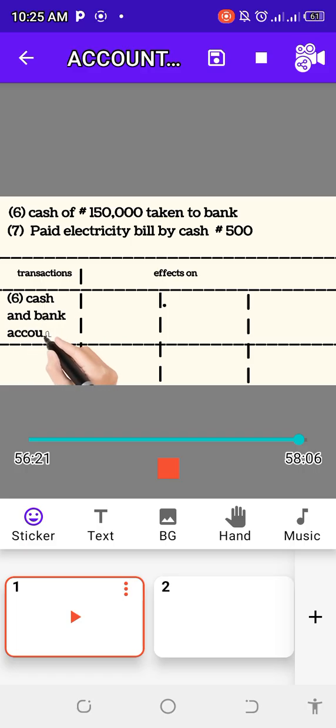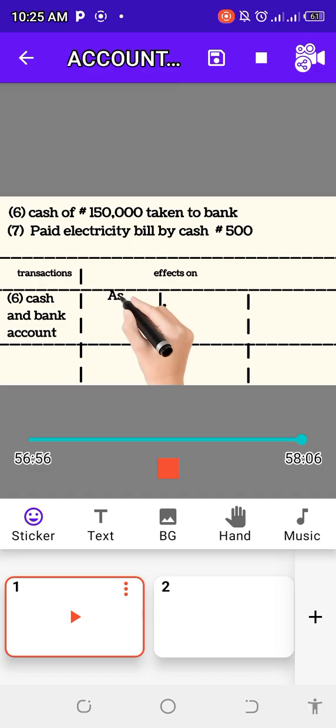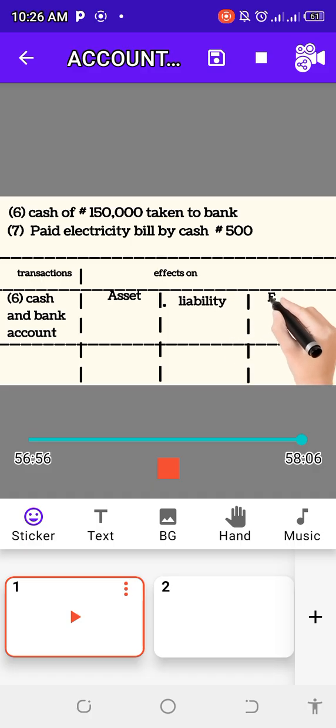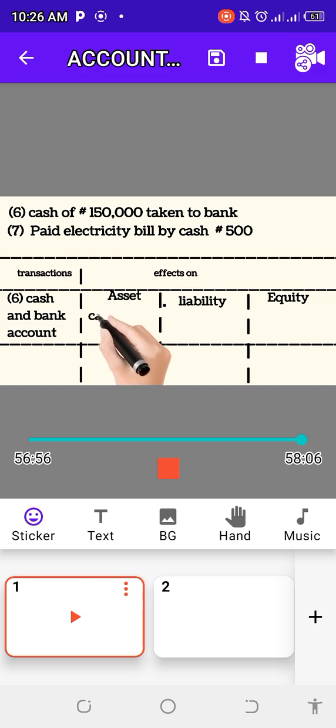accounts. And how does it affect assets? How does it affect liability? And how does this transaction affect the equity? Cash was taken to bank. Cash is an asset. Cash is reduced and bank is increased. This is a contra entry. There's no duality. Nothing affects the liability and nothing affects the equity.